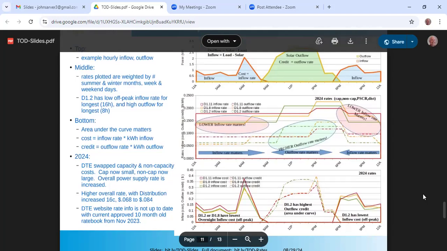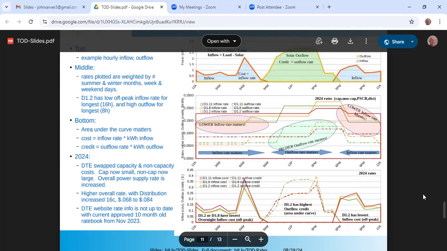So, for example, the red line up here, this is the inflow rate for the default rate. And this is if you took the average of how many winter months are there? I think one of them has 4 summer months, the other one has 5 summer months. D1.2 has 5 months in the summer period.